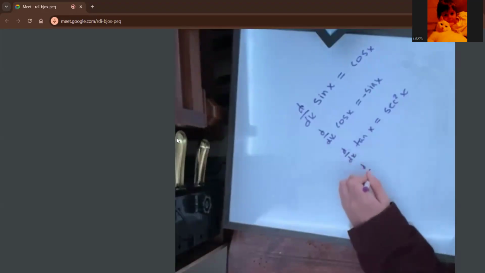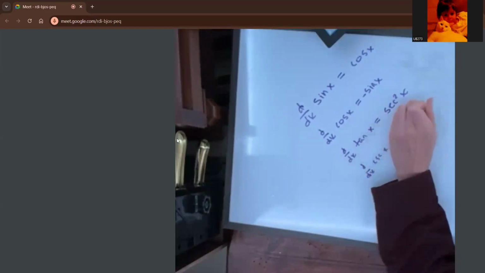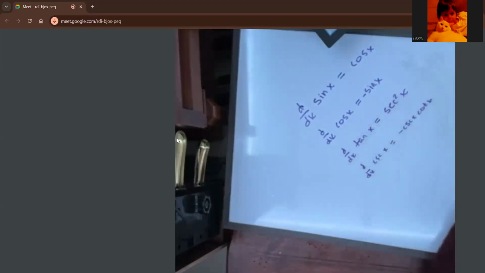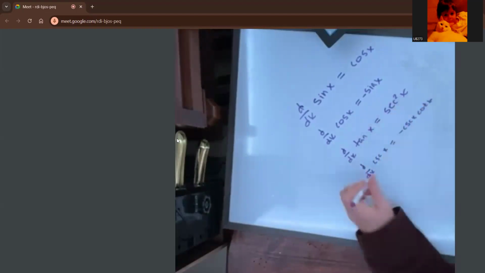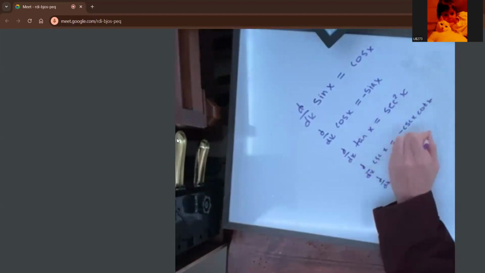Derivative of cosecant x is negative cosecant x cotangent x. Derivative of secant x is secant x tangent x.